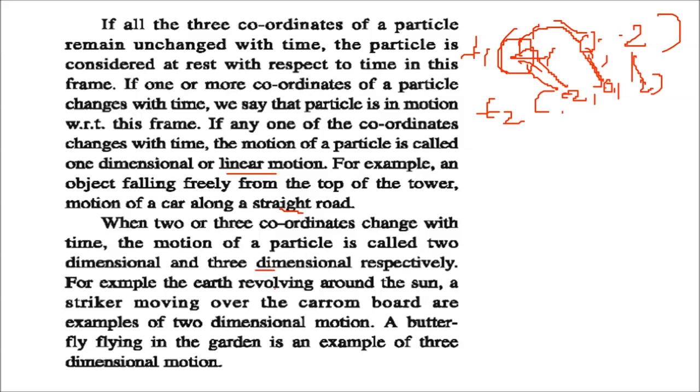The earth revolving around the sun, or the striker moving over the carom board, are 2D motions. But a butterfly is free to move in any direction, so it may be changing all of x, y, z positions. Then we say the butterfly is flying in three-dimensional motion.